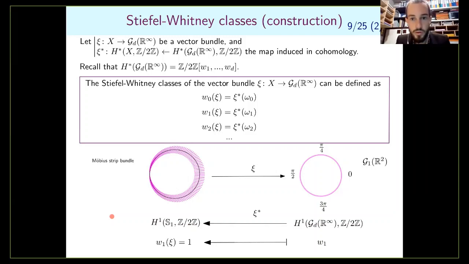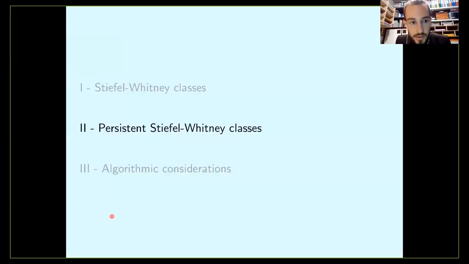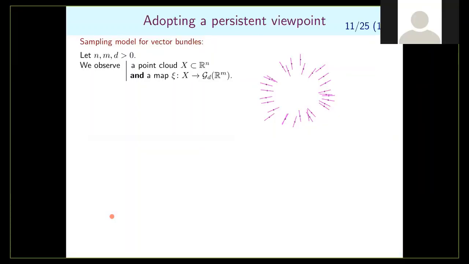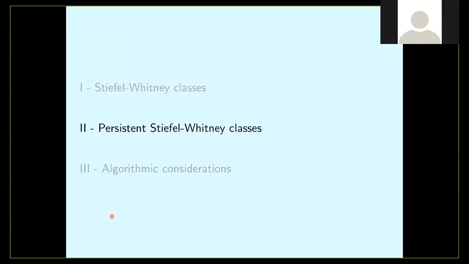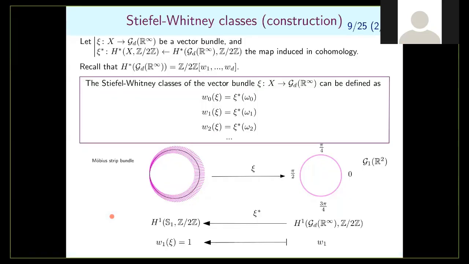If you don't have questions, I will start with a persistent point of view. I have a question. So these Stiefel-Whitney classes, in some sense, sort of keep track of angles. Yeah.